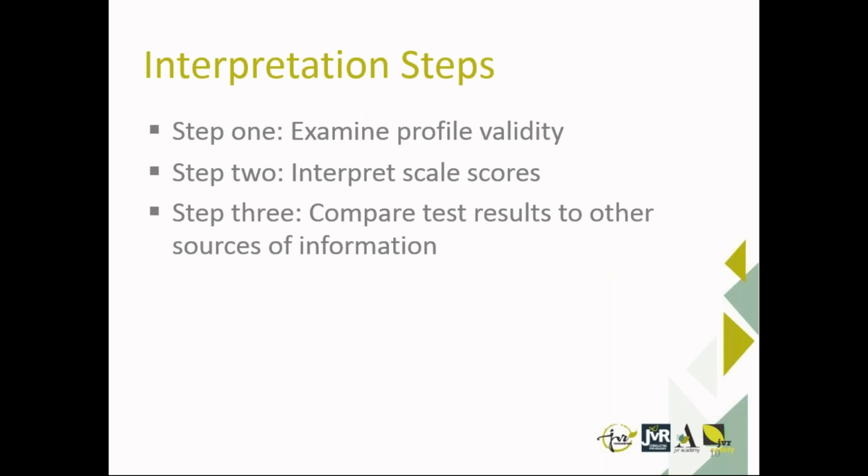You're going to develop certain hypotheses about your individual based on their scores. But just remember that these are hypotheses. They're not set in stone until you've had the opportunity to discuss them in more detail with the client, or to compare them to other test results to see whether a pattern is developing, to pull out that golden thread, as some people would say, to get a better, more holistic view of the individual.